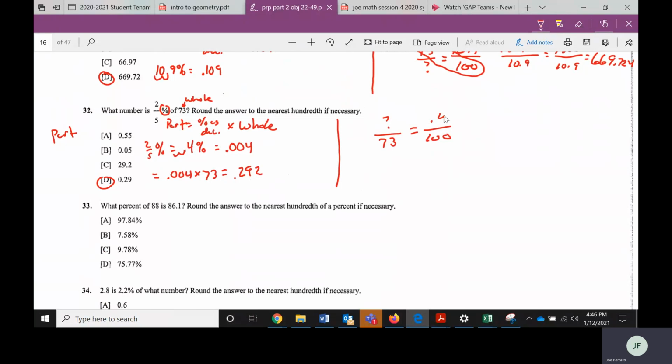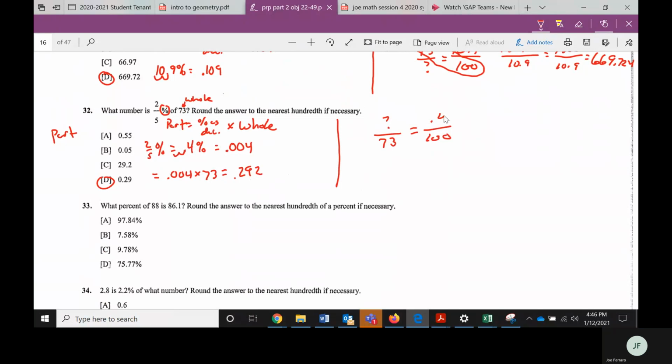Okay, cross multiply. So it's 73 times 0.4, all divided by 100. And that becomes 29.2 divided by 100 equals 0.292 again, or round to 0.29.